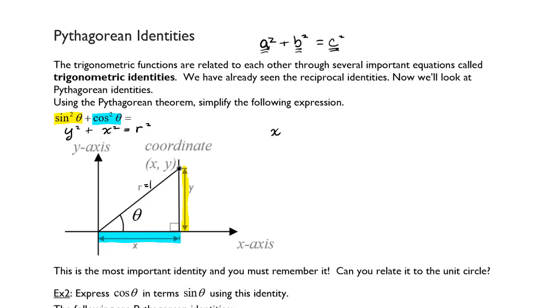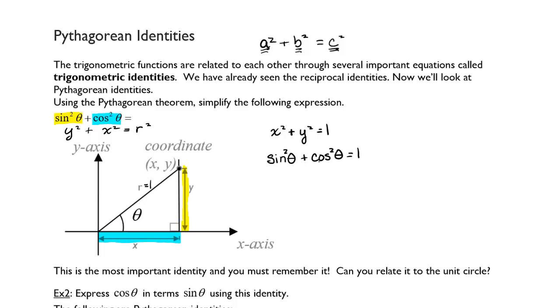So I know that x squared, because we like to write it in order alphabetically, so x squared plus y squared is equal to 1. So that means that sine squared theta plus cosine squared theta equals 1.